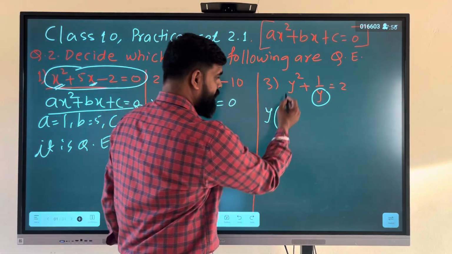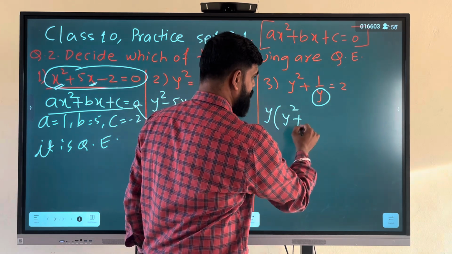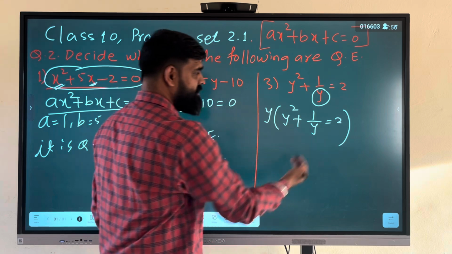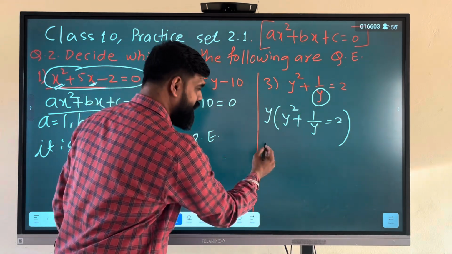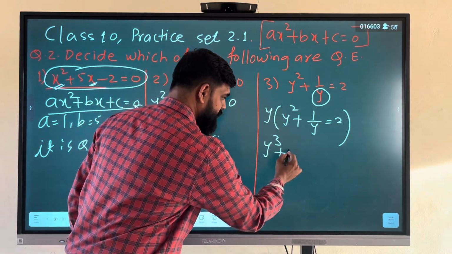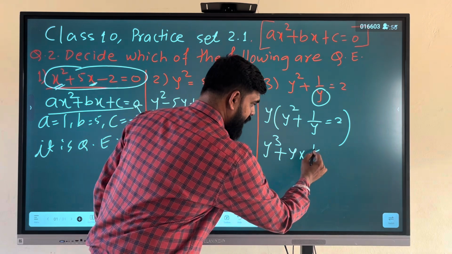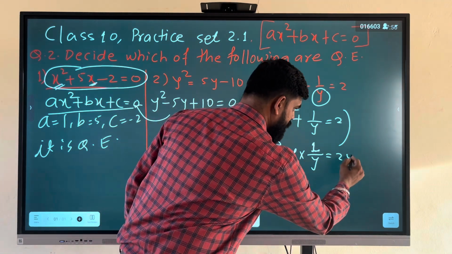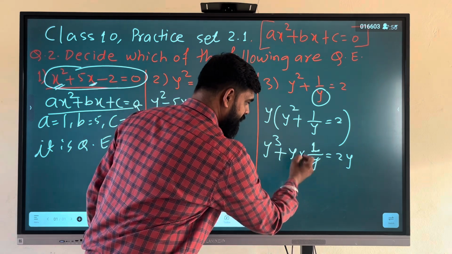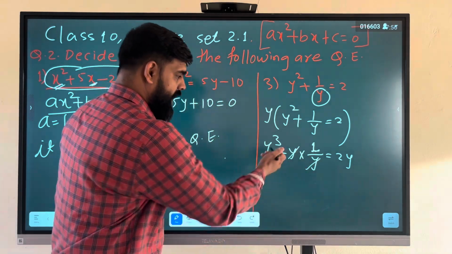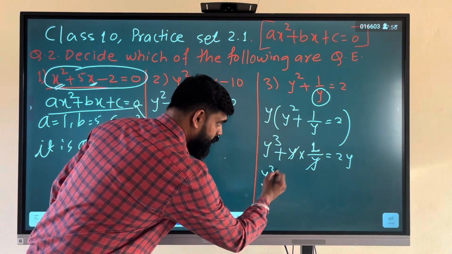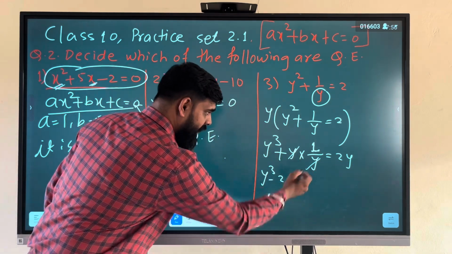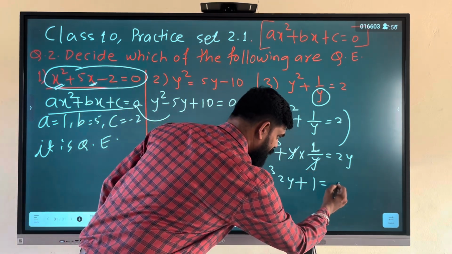So y into y square plus 1 by y is equal to 2. If we simplify, y into y square will be y cube, plus y into 1 by y, is equal to 2 into y. So this y will get cancelled, and we got y cube. Bring this 2y here, so y cube minus 2y plus 1 is equal to 0.